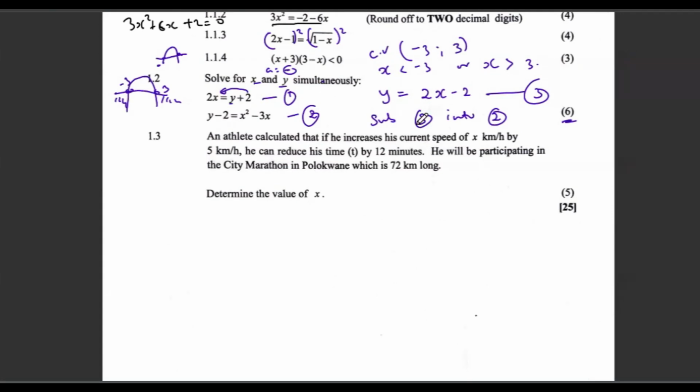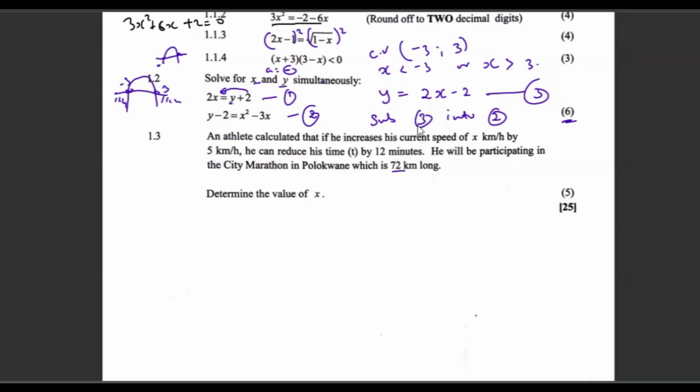All right, 1.3. They're telling us that an athlete calculated that if he increases his current speed of x kilometers per hour by 5 kilometers per hour, he can reduce his time by 12 minutes. This guy will be participating in the city marathon in Polokwane, which is 72 kilometers.